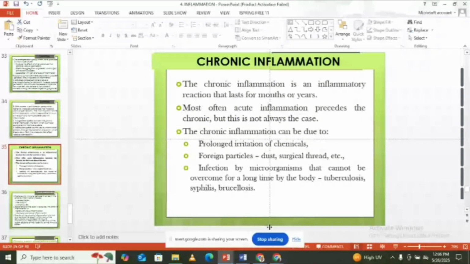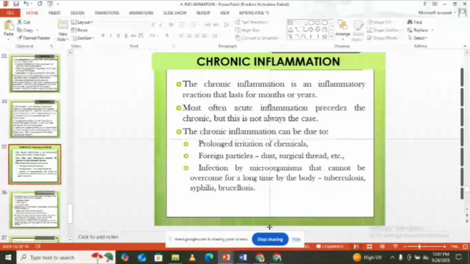And usually, chronic inflammation is caused by persistent infections, like in cases of tuberculosis, in cases of viral hepatitis. We have prolonged exposure to toxic agents, like tobacco smoking.